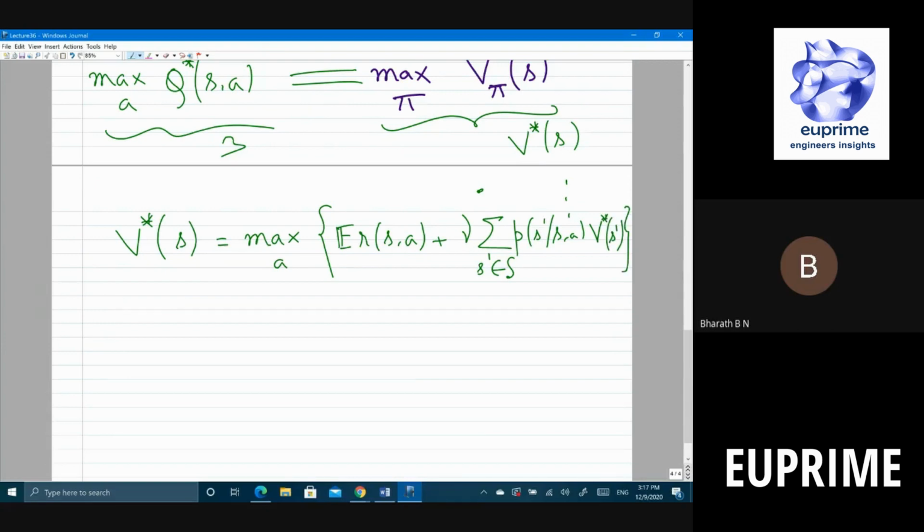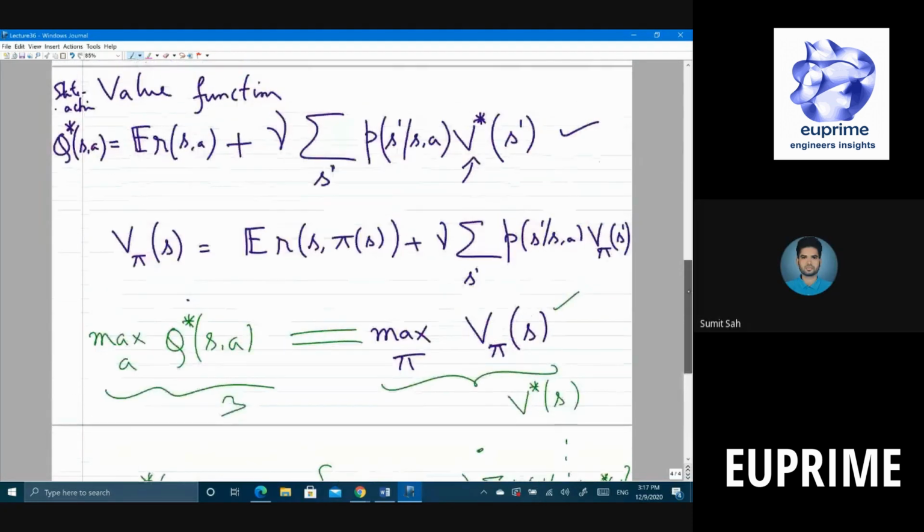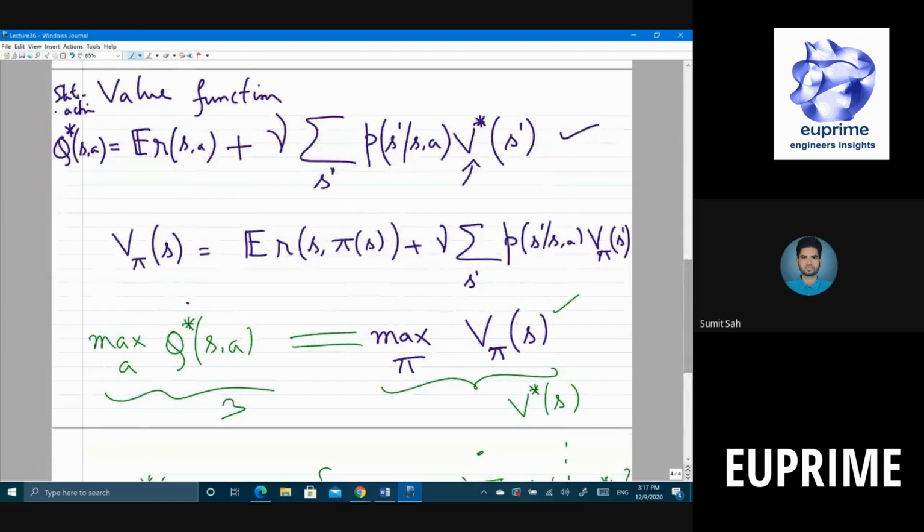Yes, go ahead, Sumit. In the Q, sir, you have taken the summation over S dash, and this A is the optimal action, no, sir? In Q star S, A, this is any action here.